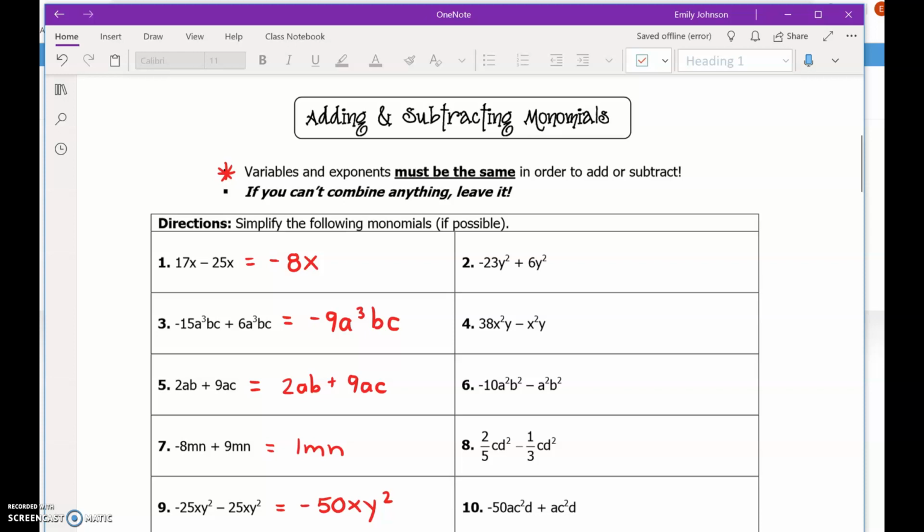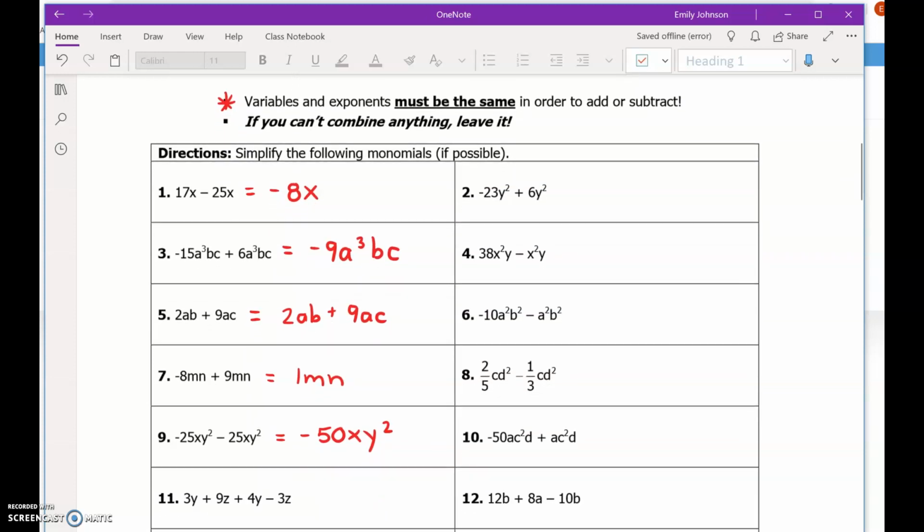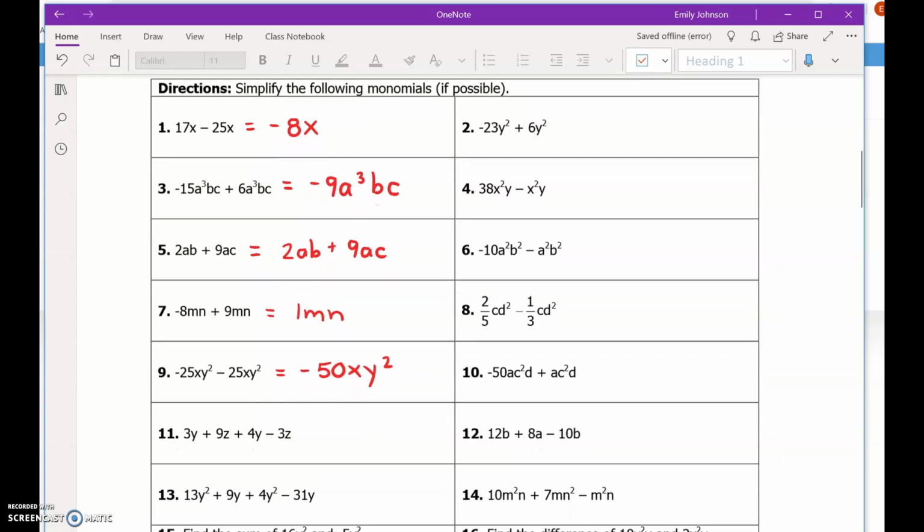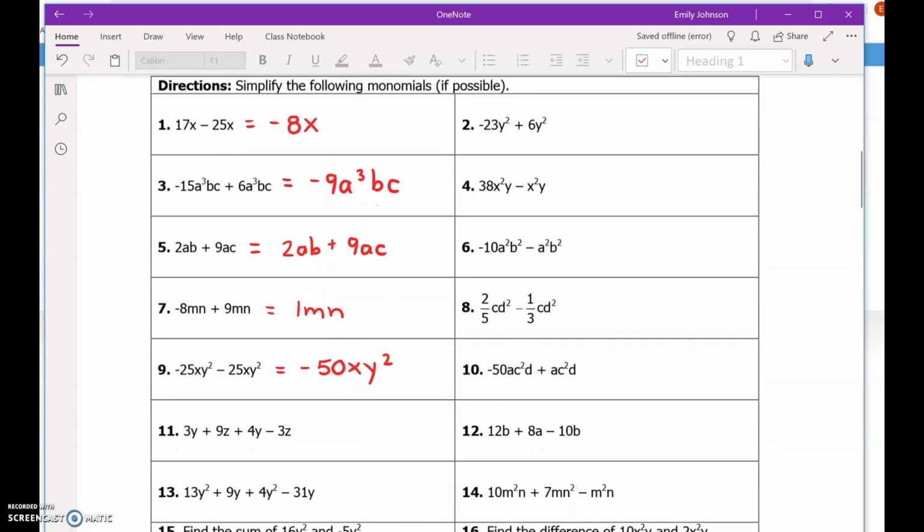Okay, so hopefully that's making sense so far. You'll notice when you get to number 11, we start to add in several variables. So in number 11, we can combine the y terms together. 3 plus 4 would equal 7y. And we can combine the z terms together. So 9z minus 3z would equal a +6z. Notice I included the plus sign since it was a positive number.